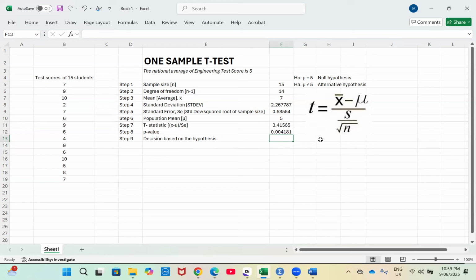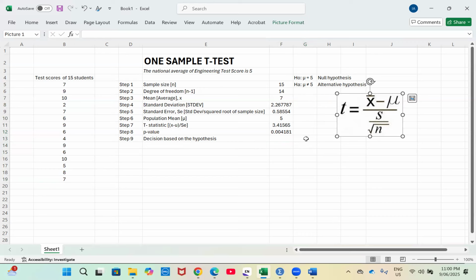According to the standards and what we know from statistics, when your p-value is less than 0.05, which in this context we assume is the significance level of 5%, then we can reject the null hypothesis. The p-value from our computation is less than 0.05, so we reject the null hypothesis.